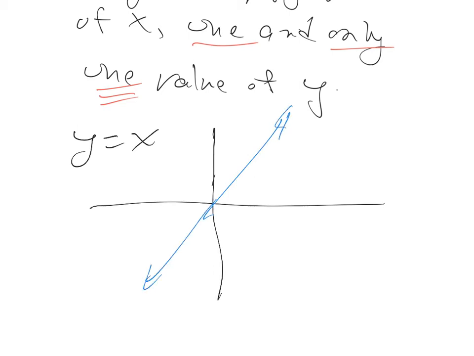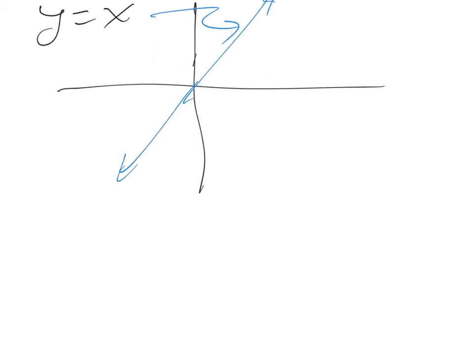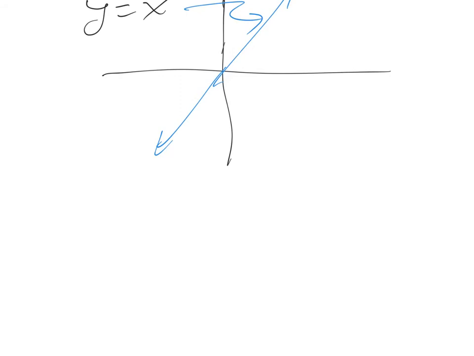When graphed on the xy axis, it has that graphical interpretation. And now to identify whether this is a function, we also take into consideration a special test called the vertical line test.